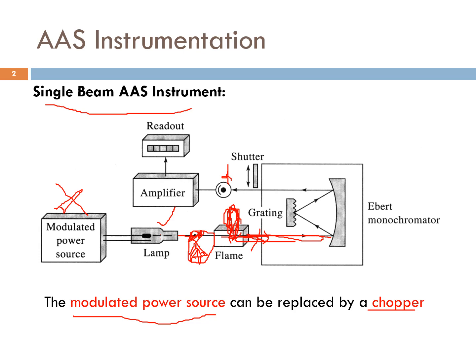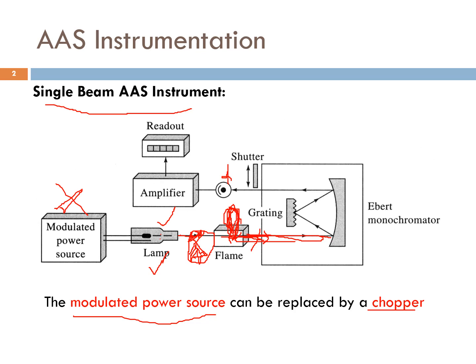Okay, so secara overall, source daripada lamp ni, lamp ni adalah line source, iaitu dia akan emit narrow bands.